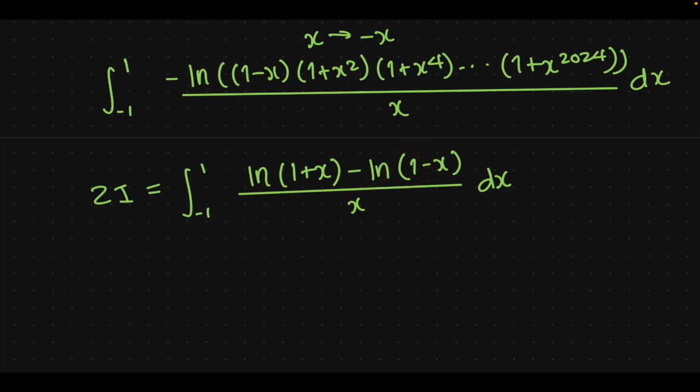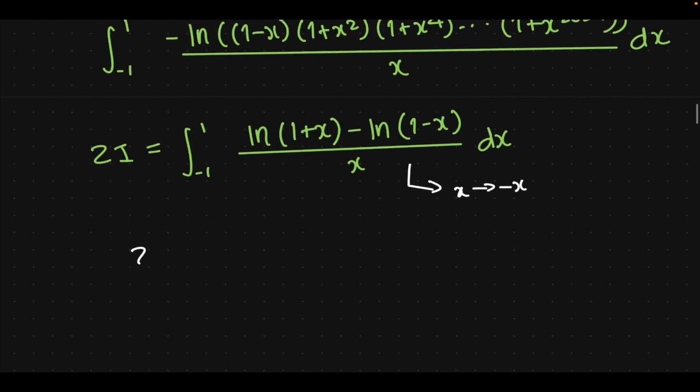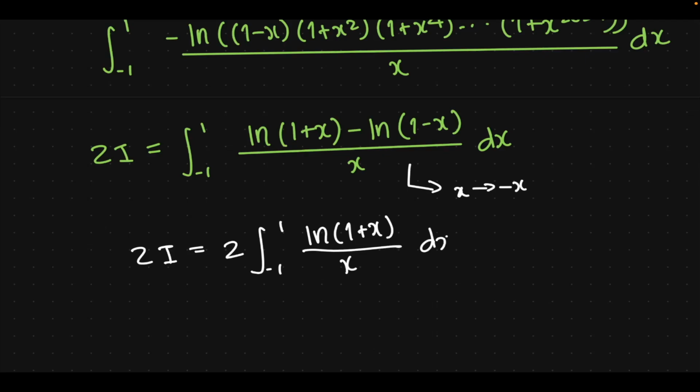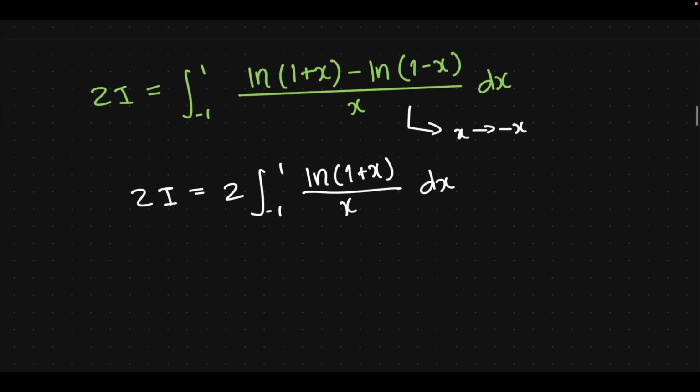We can do x goes to minus x again, just on the second integral. So we get I is 2 times the integral from minus 1 to 1 of ln 1 plus x divided by x dx. That's nice.